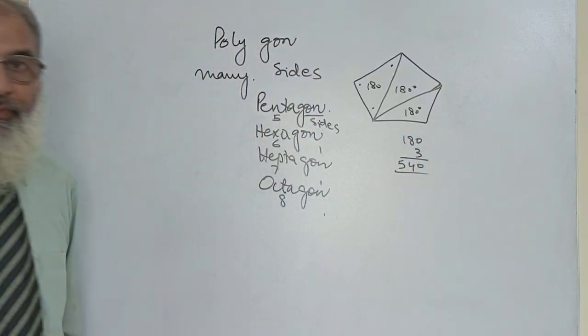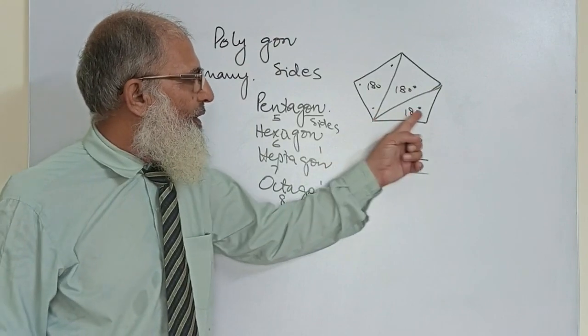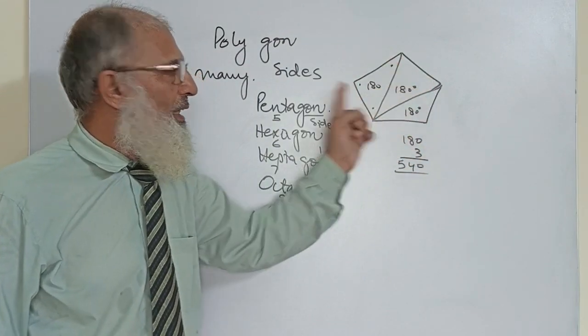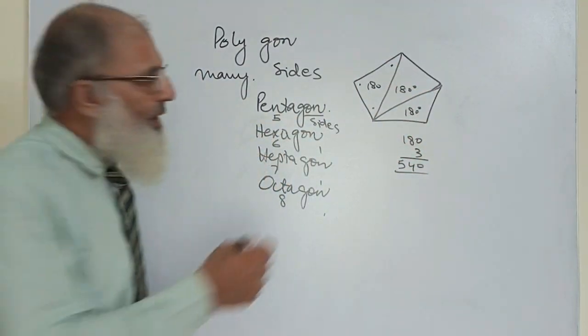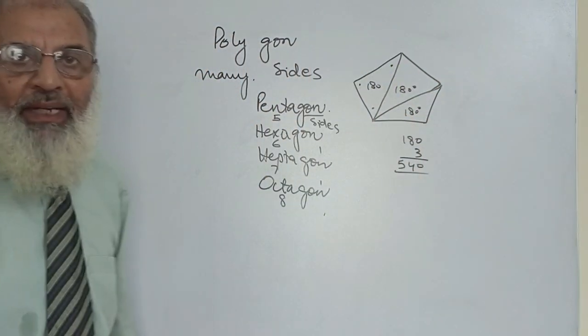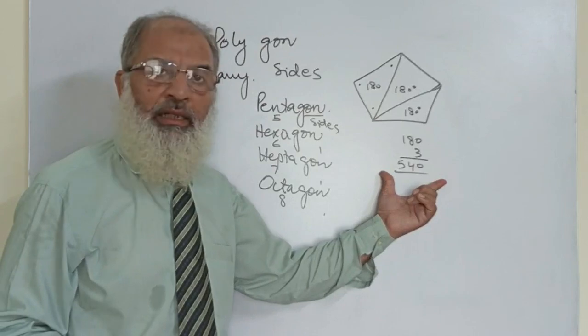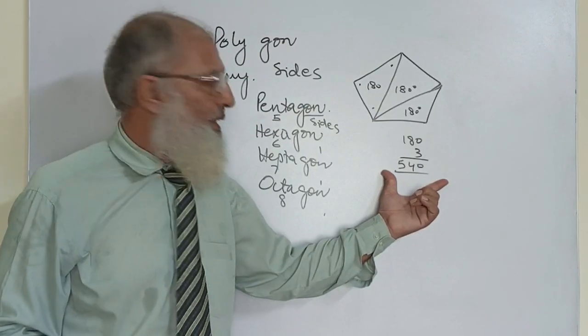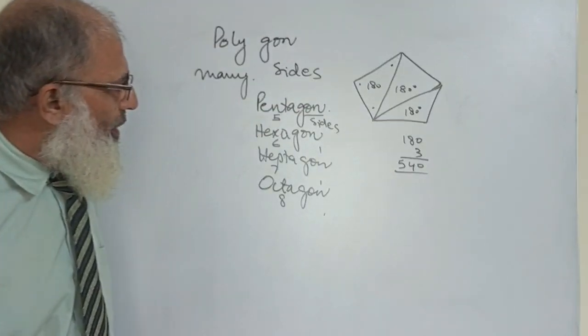Now there are 540 degrees in the interior. The sum of all the interior angles of a pentagon is 540.